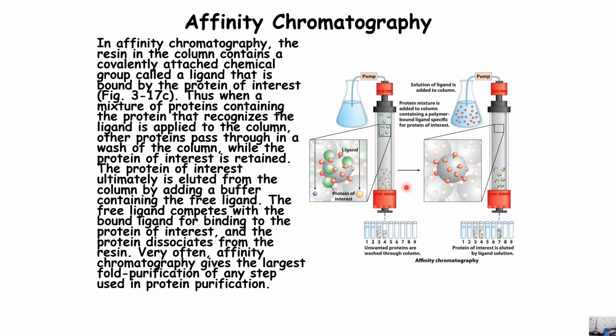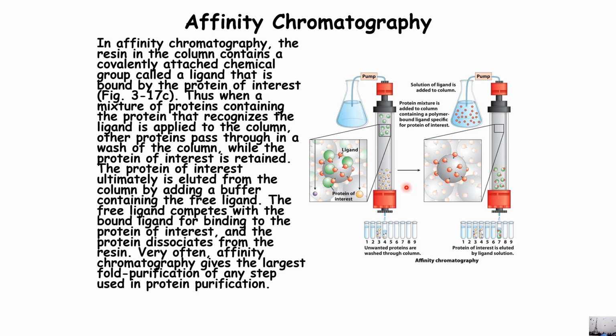When a mixture of proteins containing the protein that recognizes the ligand is applied to the column, other proteins will pass through, because obviously there is no attraction. Other proteins will pass through in the wash of the column, while the protein of interest will be retained, because it has a specific affinity towards the ligand.